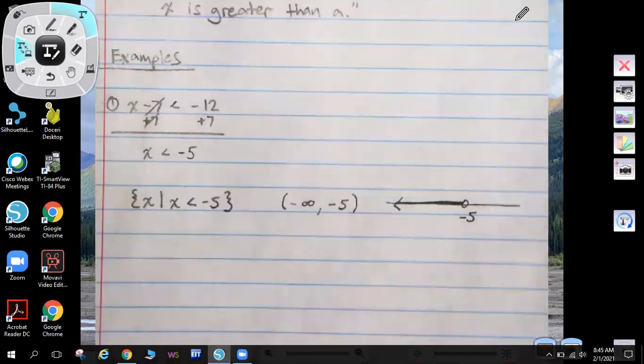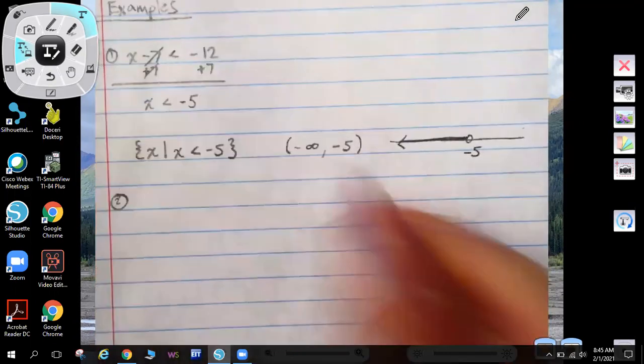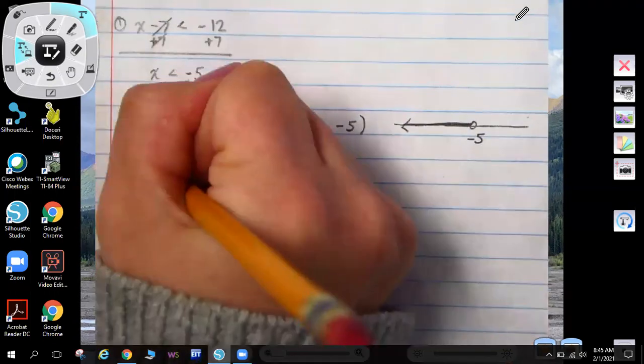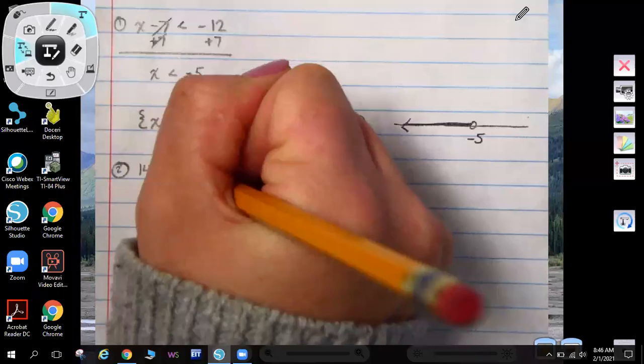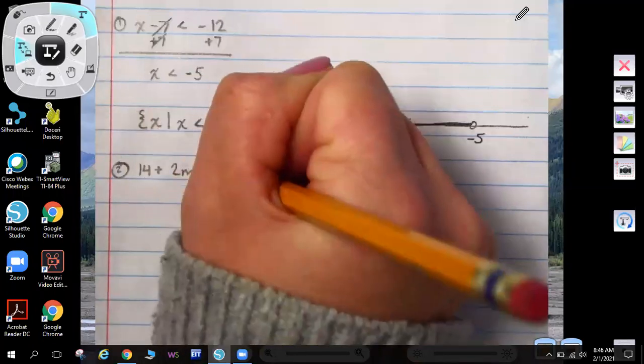Okay, example 2. $14 plus 2m is less than or equal to 3m.